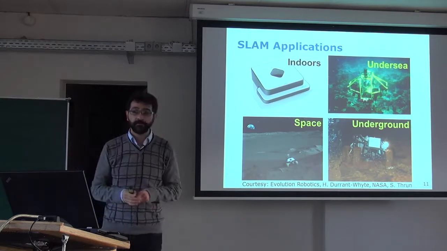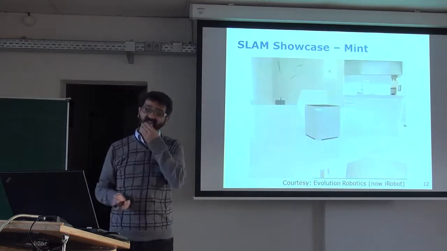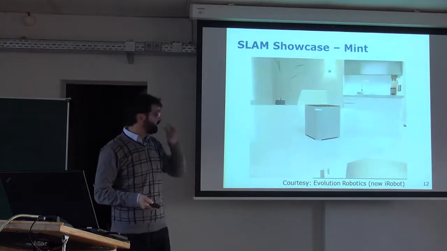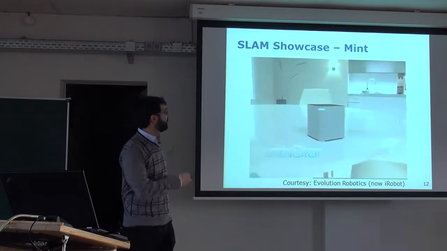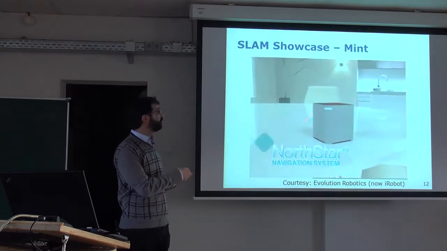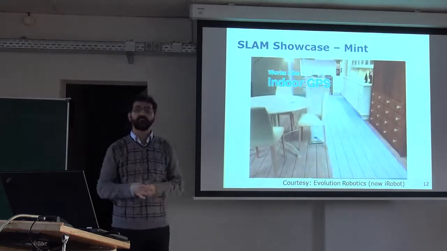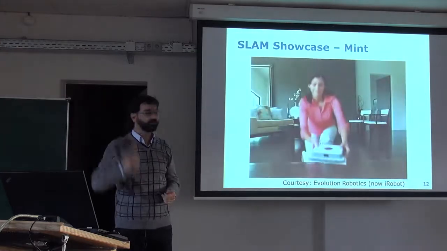Now, to get another idea of SLAM in action, here is a video of this Mint, this vacuum cleaner. It has this cube. You put it on top of a table. It projects some stars on the sky, which now is the ceiling of your room.